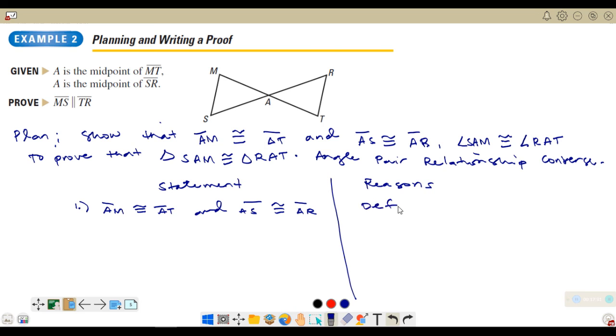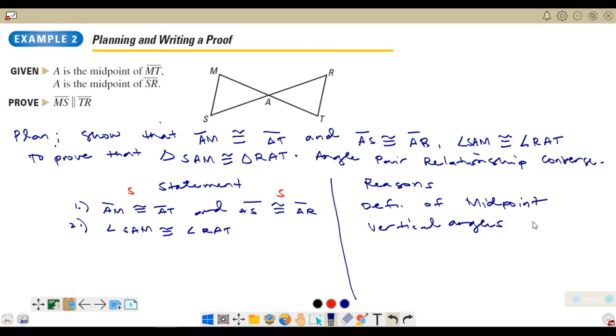So, this is by the definition of a midpoint. Sino-shortcut ko na lang siya. Next, we have, ayan, may dalawa na tayong side ha. Side 1, side 2. Next, we have angle SAM is congruent to angle RAT through the vertical angles theorem.